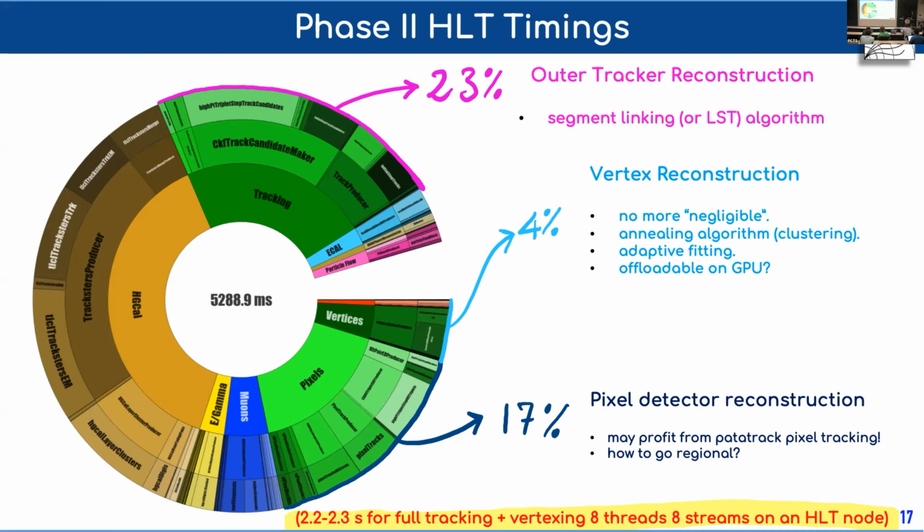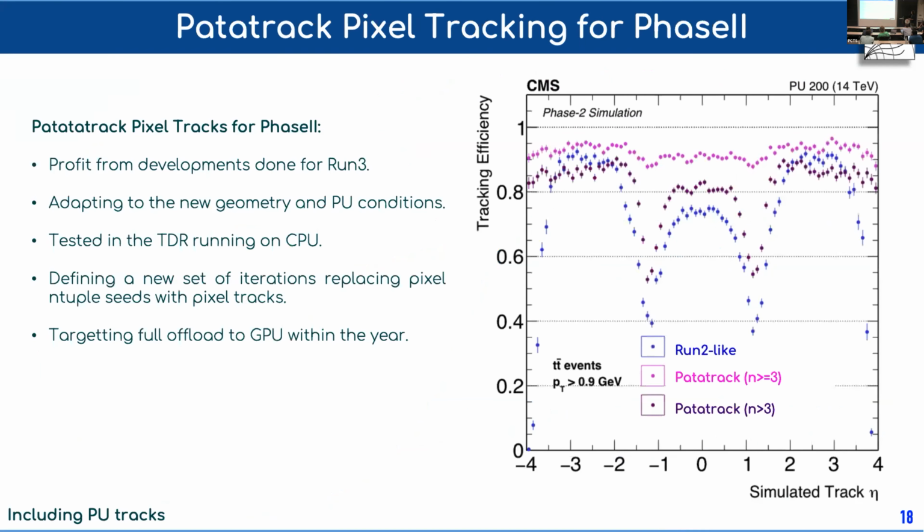And for the pixel detector, we already did this in Run 3. The idea was, why not do basically the same thing in Phase 2. And indeed, this is what was done. And in the TDR, we ported all the development that we did for Run 3 also to Phase 2.